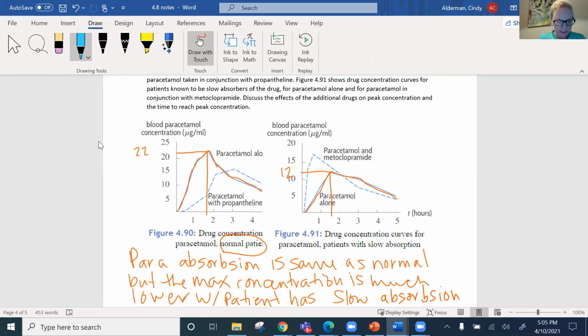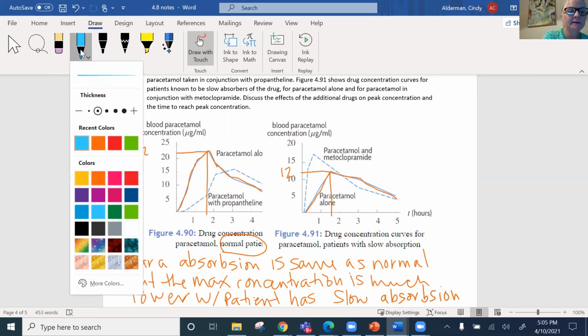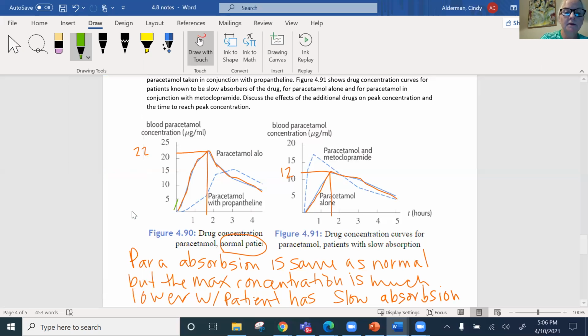Okay. All right, and then next, I want to take a look at this para compared to the dotted line.